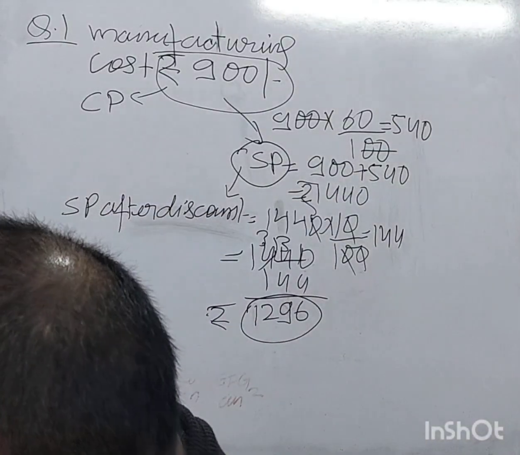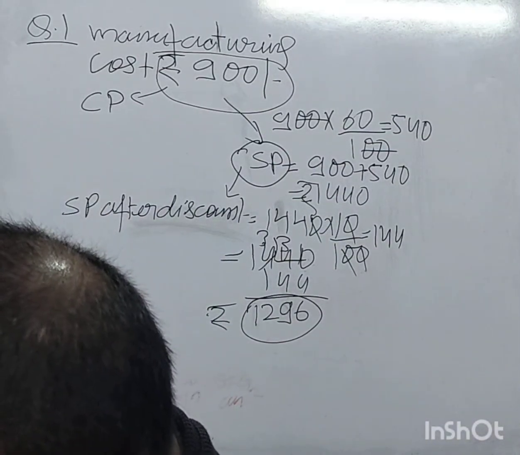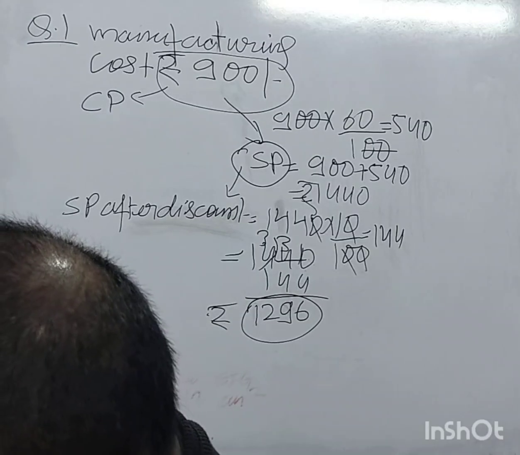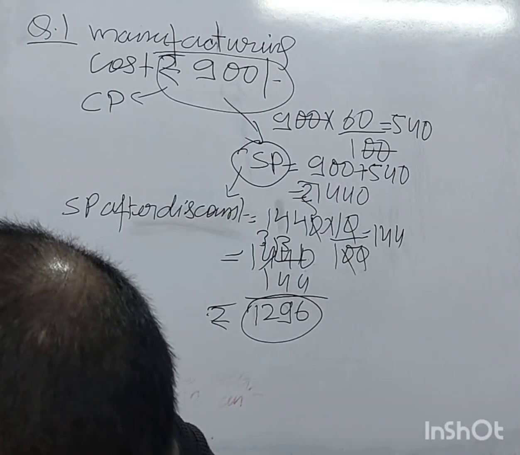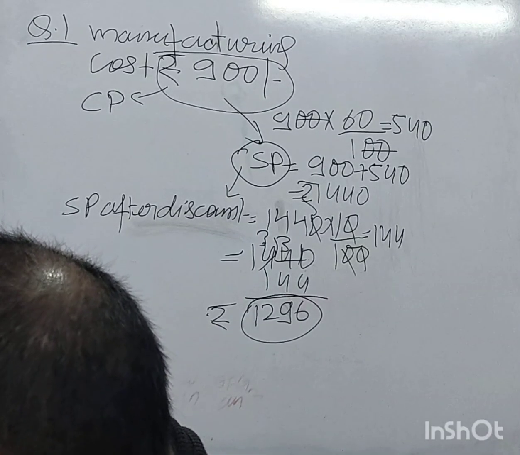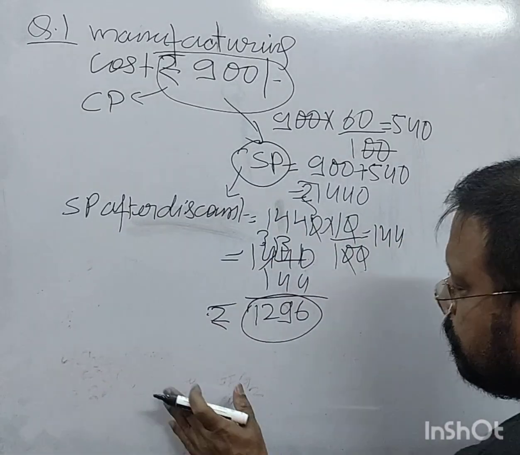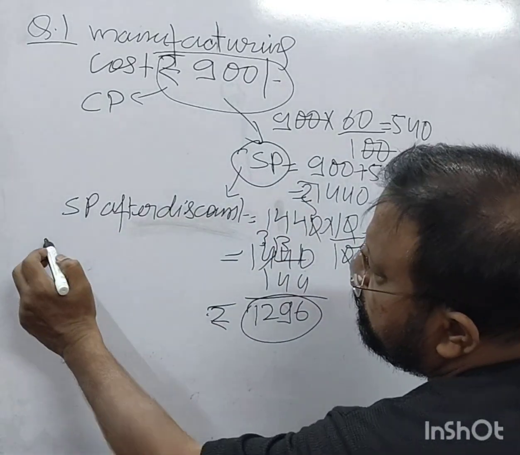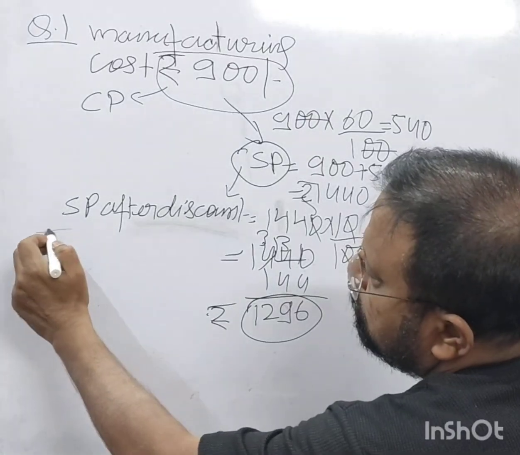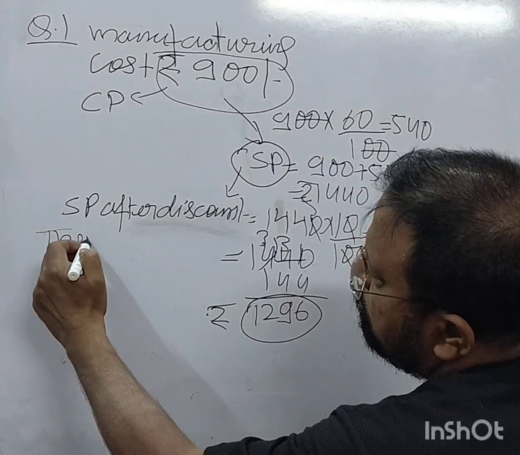So what if consumer buy 10 such items when GST is 10%? So there are 10 such items.